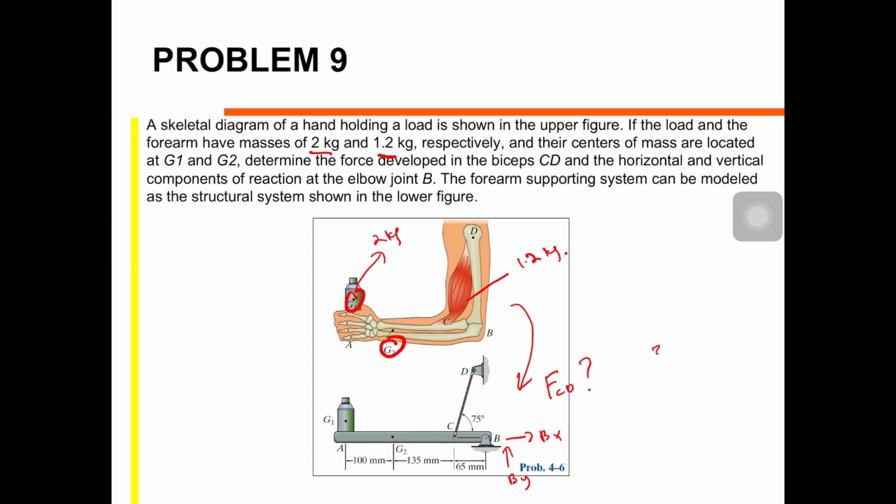So when we look at this, ask yourself, this one is a two force member, which has force at point D and force at point C. So when it is a two force member, you can simplify using only one force at C. If not, you have two forces at C and two forces at B, so you have four unknowns. So when we use the two force member, we can simplify our solution.